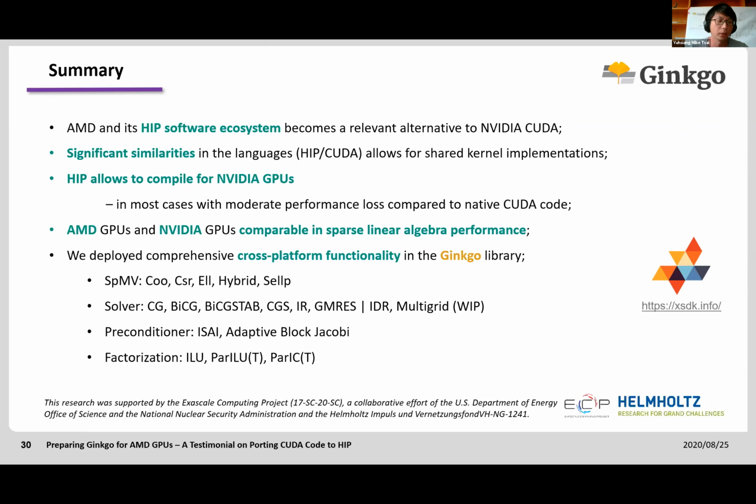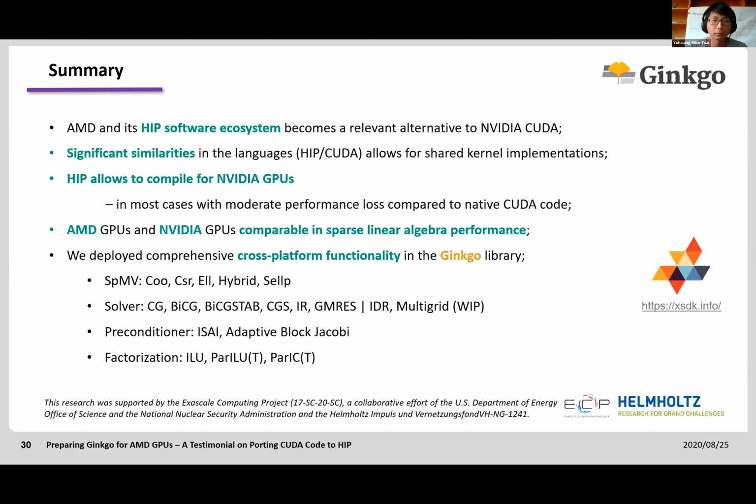And also HIP can compile HIP code for NVIDIA GPU. So depending on usage, you can just keep your HIP kernel alone, and you don't need any CUDA structure here. But in our case, we want to keep the latest support for CUDA, so we still separate CUDA and HIP in Ginkgo.